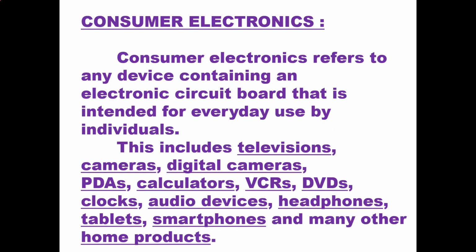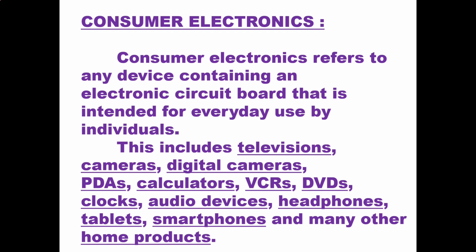Okay. Then if you see the definition of consumer electronics, what exactly do we mean by consumer electronics? Consumer electronics refers to any device containing an electronic circuit board that is intended for everyday use by individuals.